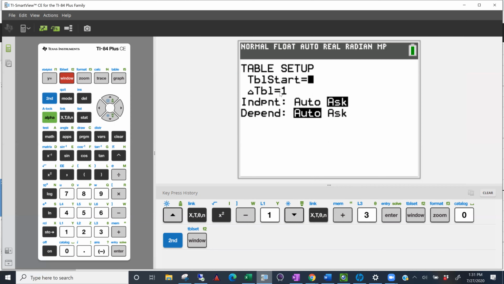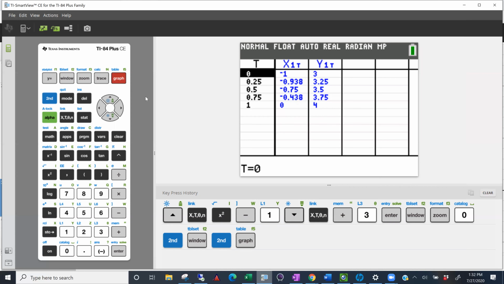Table start and delta table don't matter for our purposes here. But make sure these match. When you get those all set, hit the second key and the graph key, and that takes you to the table. And there's a lot of stuff here that I'm just going to delete to get rid of the old stuff.